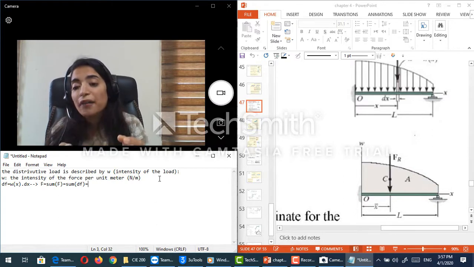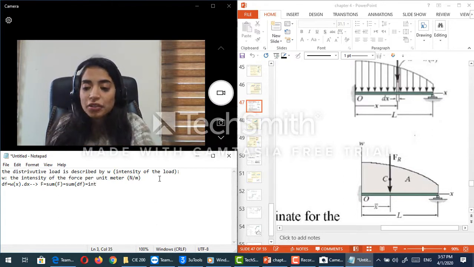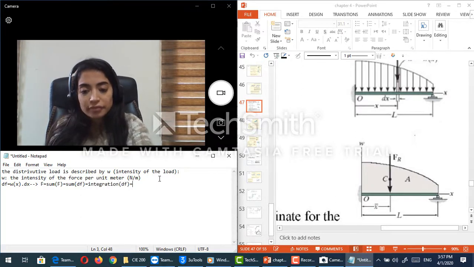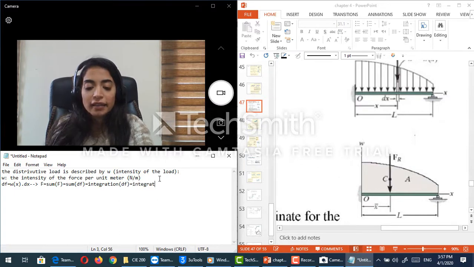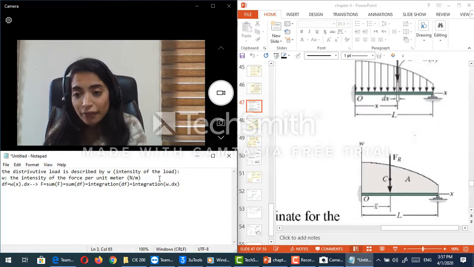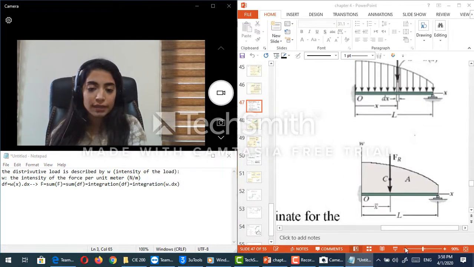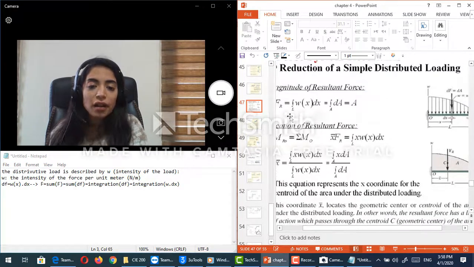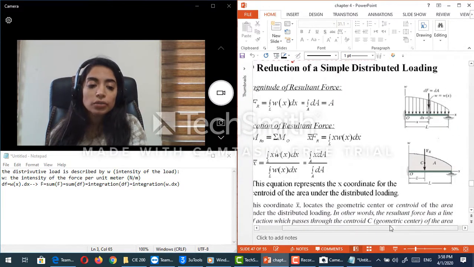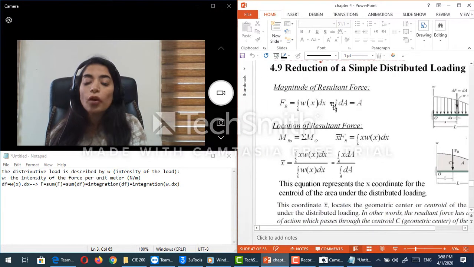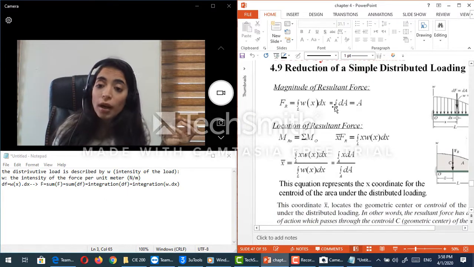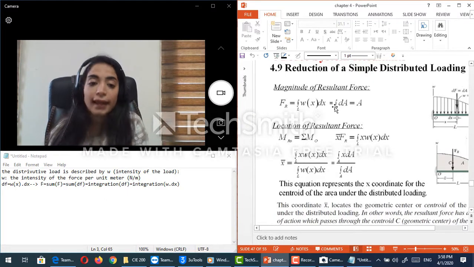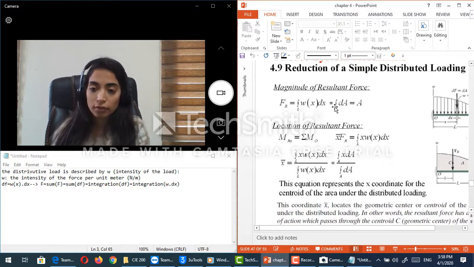The sum of dF is basically the integration of this dF, which means it is the integration of omega dx, because in fact dF is equal to omega dx. So guys, from here comes the equation of F resultant. F resultant is equal to the integration of omega dx all over the length of this part that I'm willing to find F resultant.